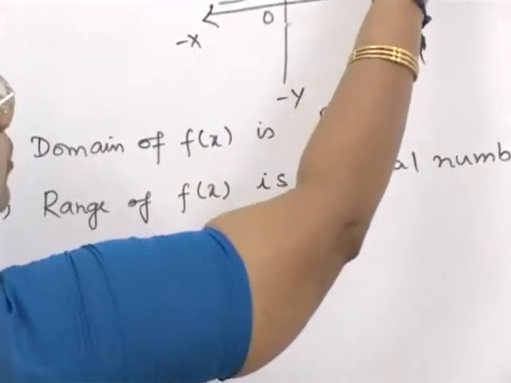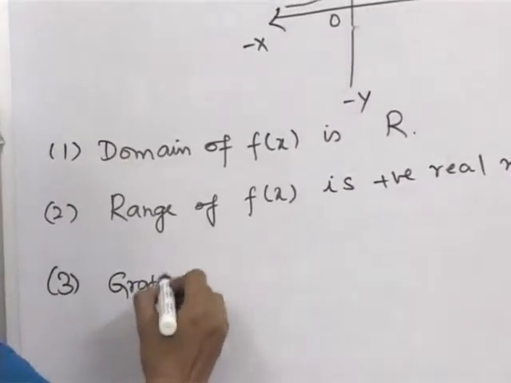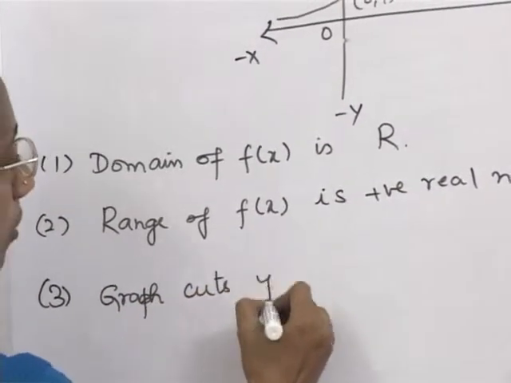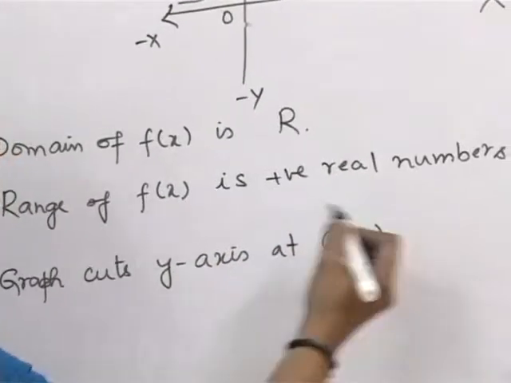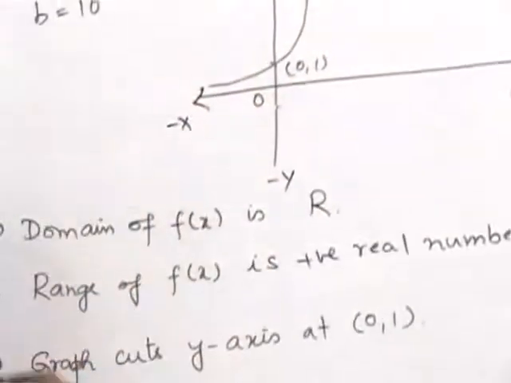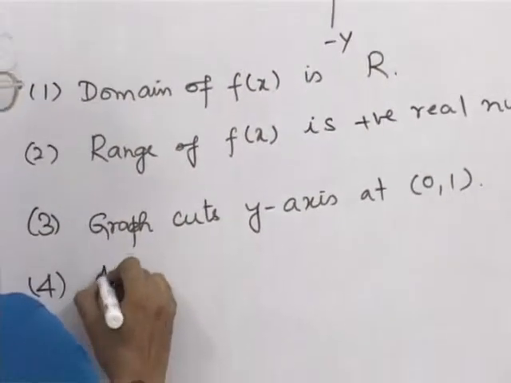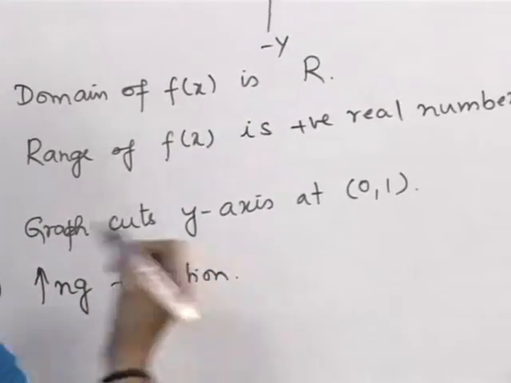So this is y is equal to b power x. The graph cuts the y-axis at (0, 1), and we can see that the function is ever increasing. So the exponential function is always an increasing function.